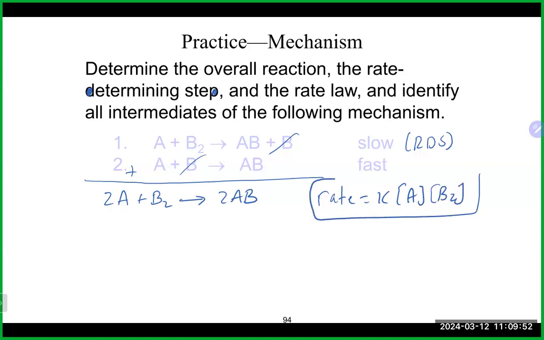I think we already did the intermediate, which would be B in this case. In this type of problem, we're not trying to prove anything. We're just trying to figure out what the rate law would be based on this mechanism. Since that first one is a slow step, it should have the same rate law as the one found experimentally. Question on that one there.